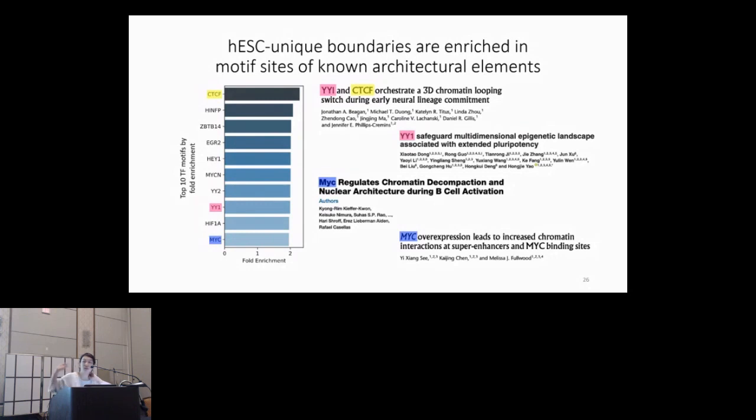Yes, correct. In this particular case, we are only looking at motif enrichments within day 0, so that is hESC. We can also apply this if you have either ChIP-seq peaks or ATAC-seq peaks for any of the subsequent time points, which I'm trying to remember if we have for this particular data set, but this is pretty generalizable as long as you have either ChIP-seq peaks or ATAC-seq peaks.